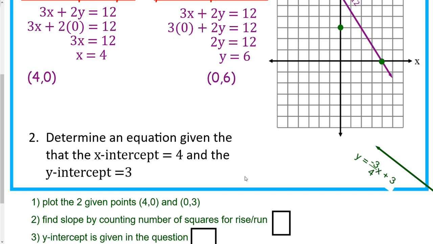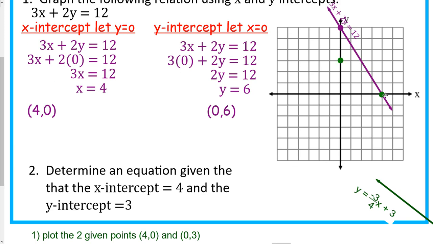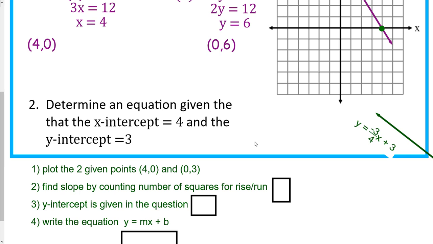To write the equation, what you need to do is find the slope next. Okay, so how do you get from the left dot to the right dot? You're going to go down 3 spots and over to the right 4 spots. Okay, so that gives us a slope of -3 over 4.